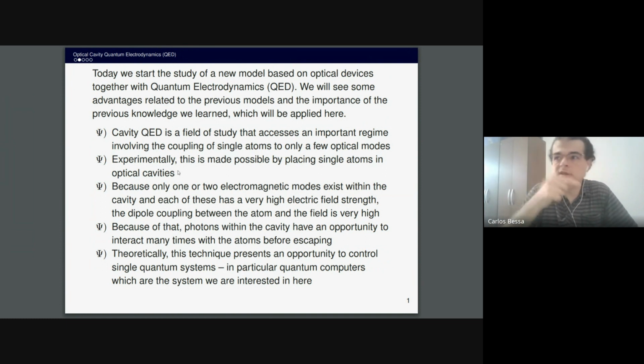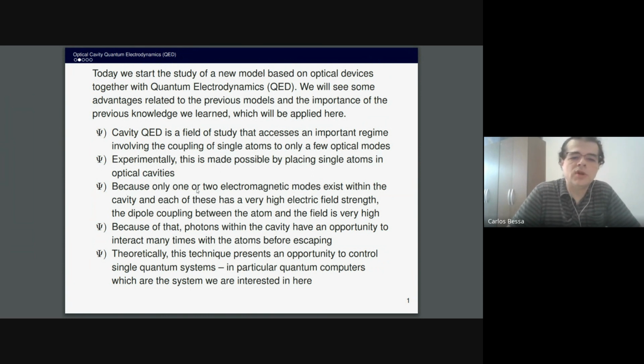Basically it increases the intensity of the field when you consider two mirrors in parallel, and you let the photons bounce back and forth in the cavity. But this we will see in the next slide.